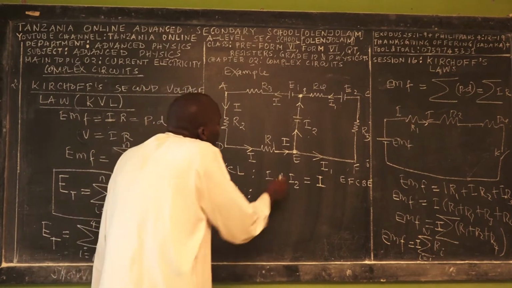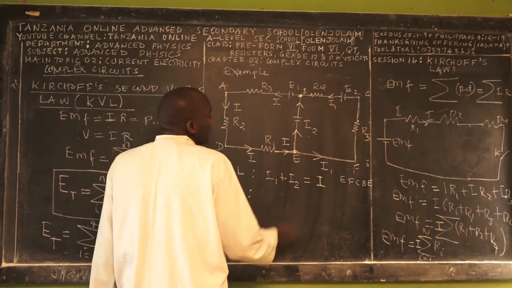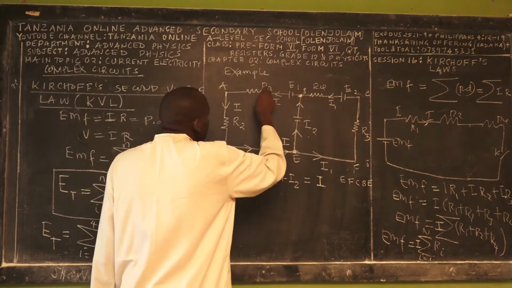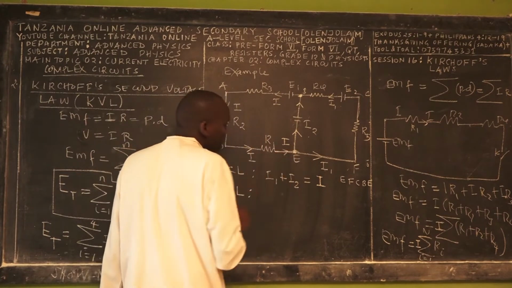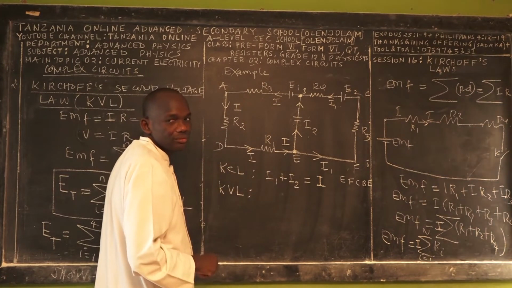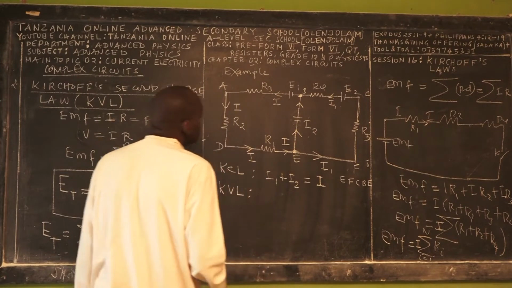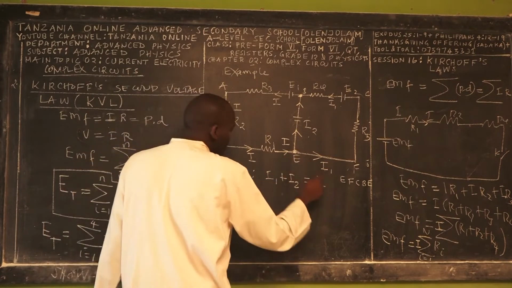I can also form another closed loop from this point. How can I form it? I can say that current can flow from here to here, then toward this point T, up to here. Okay, so that's another closed loop. What is it called?